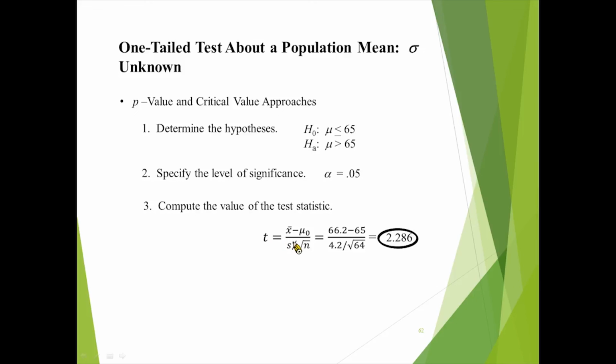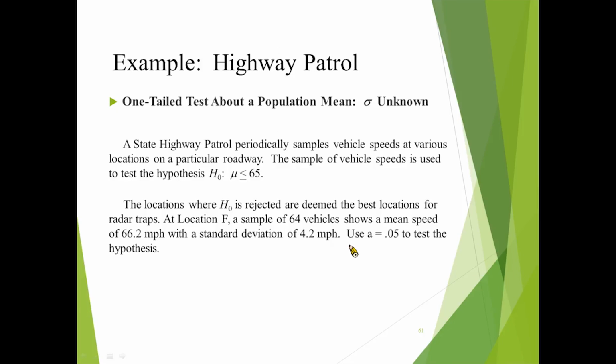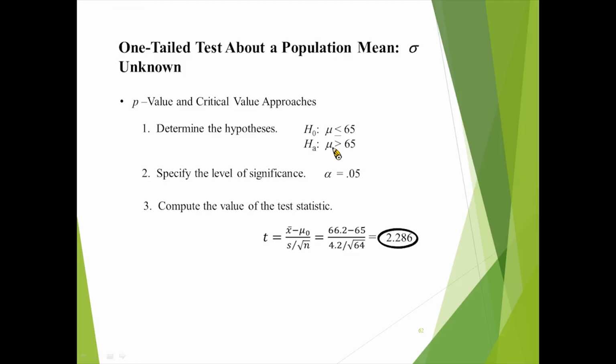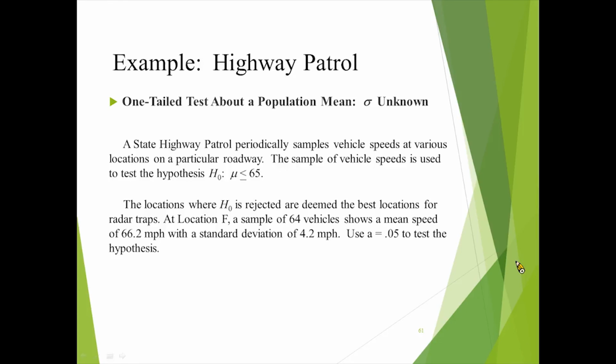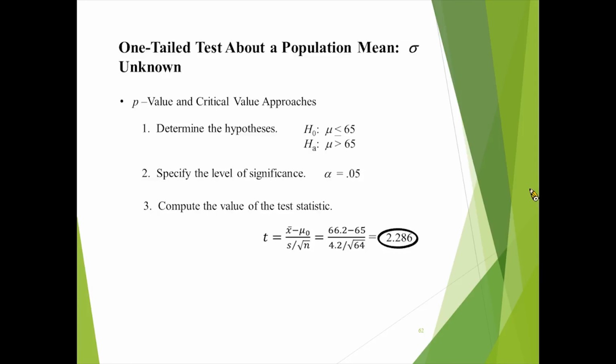Okay, and then we compute. First we check the t value. The t is equal to x-bar, 66, the mean speed, minus 65, which was already given, divided by s, 4.2, the standard deviation, divided by the square root of 64, the sample size, and we can get 2.286.